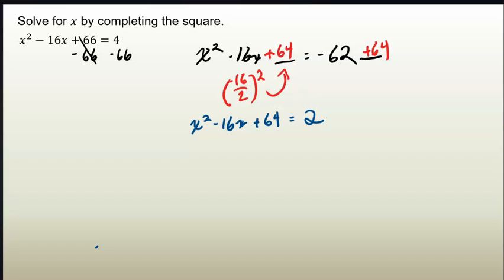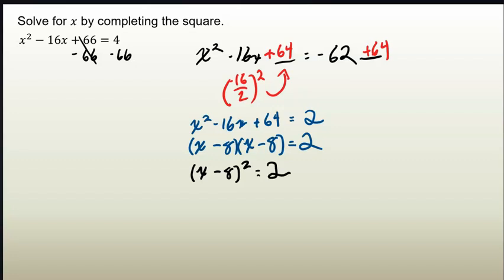You actually saw the answer already right here, which is negative 8. So x minus 8 squared equals 2. Now I'm going to rewrite this: x minus 8 squared equals 2.